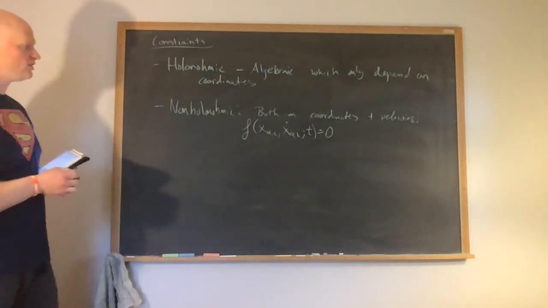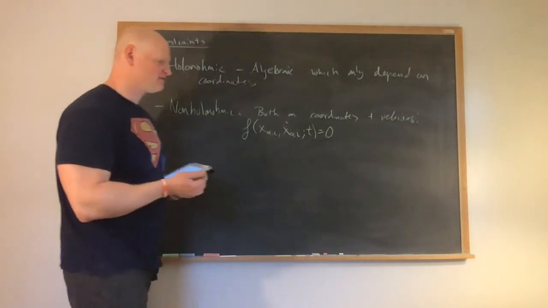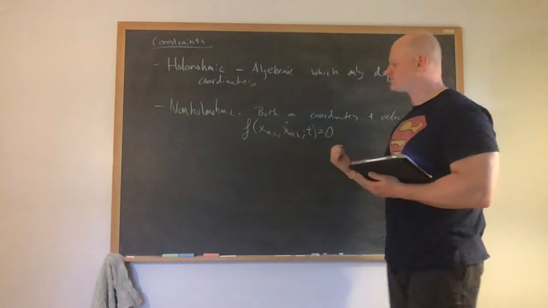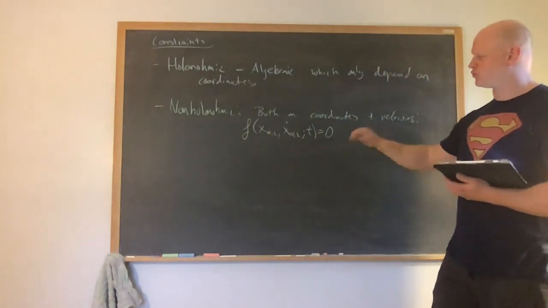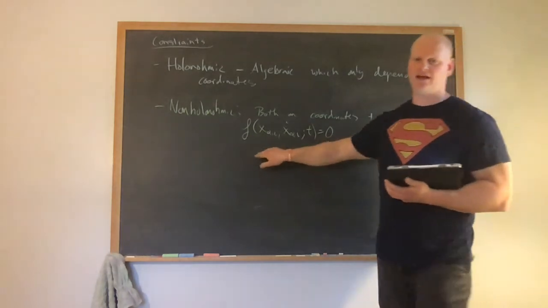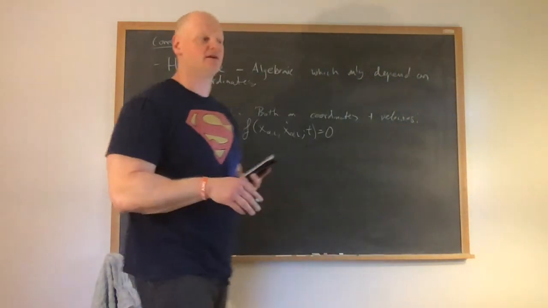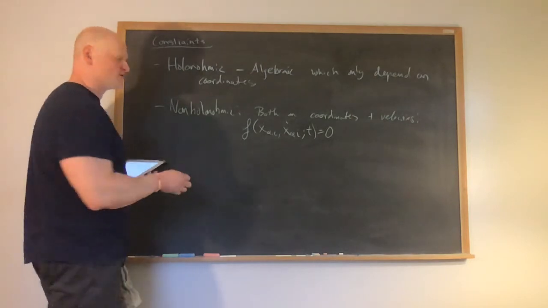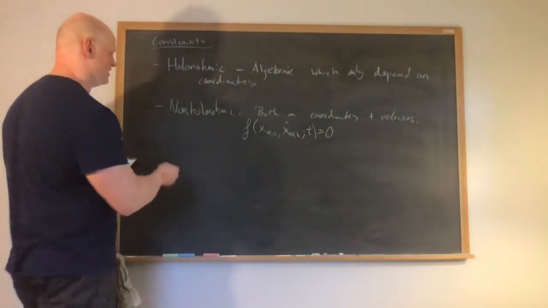These are non-holonomic unless I can find a way to integrate these constraints to get rid of the velocity dependence and have only a dependence on the coordinates themselves. Then that's what's known as a semi-holonomic constraint.